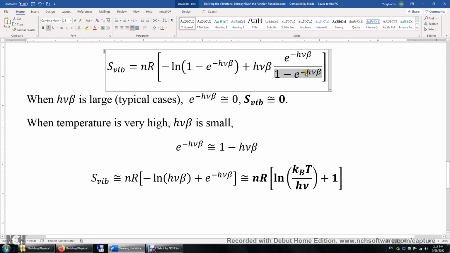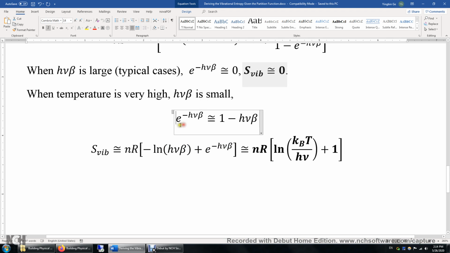So 1 minus e to the power of negative h nu beta is just h nu beta here. We get this h nu beta on the bottom now. It's also on top. Therefore, this h nu beta cancels with this 1 minus e to the power of negative h nu beta. All right, and then we have just this term left. It's right here.